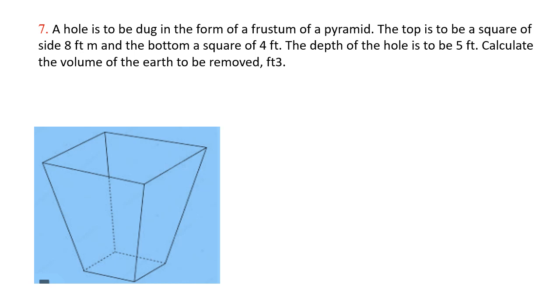For number 7, a hole is to be dug in the form of a frustum of a pyramid. The top is to be a square of side 8 feet, so this side here is 8 feet. This one is square, so 8 feet. And the bottom, you have this one, 4 feet. The depth of the hole is to be 5 feet, so the height of this one is 5 feet.